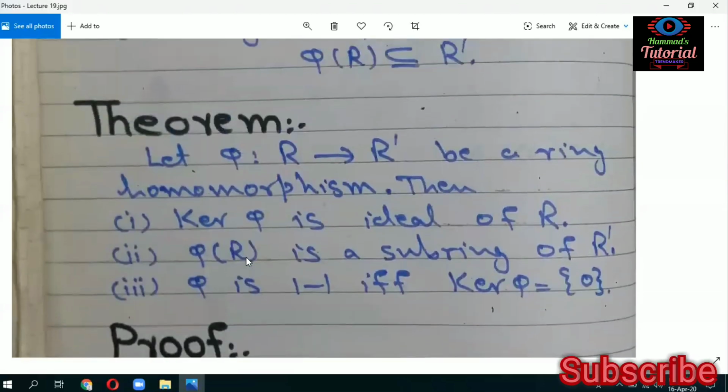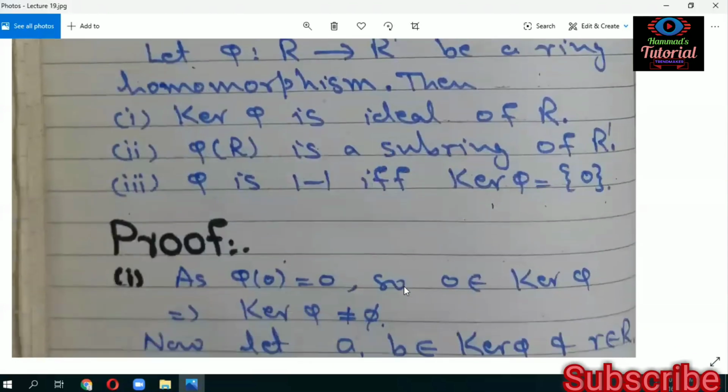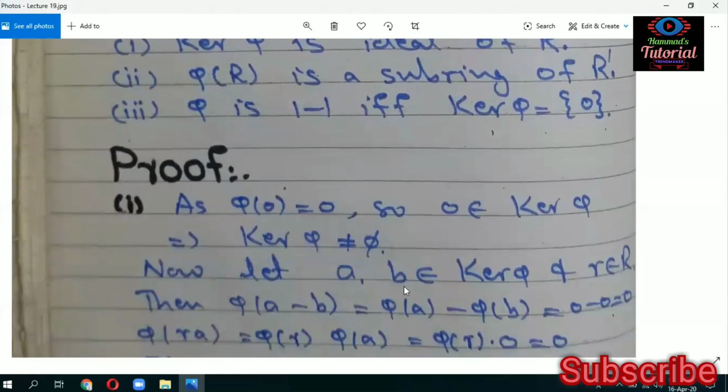In group theory, kernel phi is just a normal subgroup and phi of R is just a subgroup. But in ring theory, kernel phi is an ideal of the ring, phi of R is a subring of R dash, and phi is 1-1 if and only if kernel phi contains only the additive identity of R.